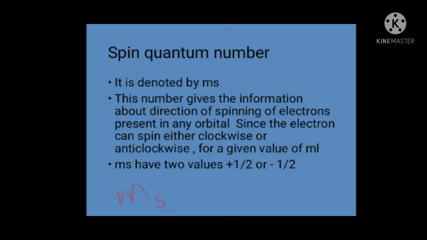So when these electrons are revolving around the nucleus, they are spinning on their own axis.